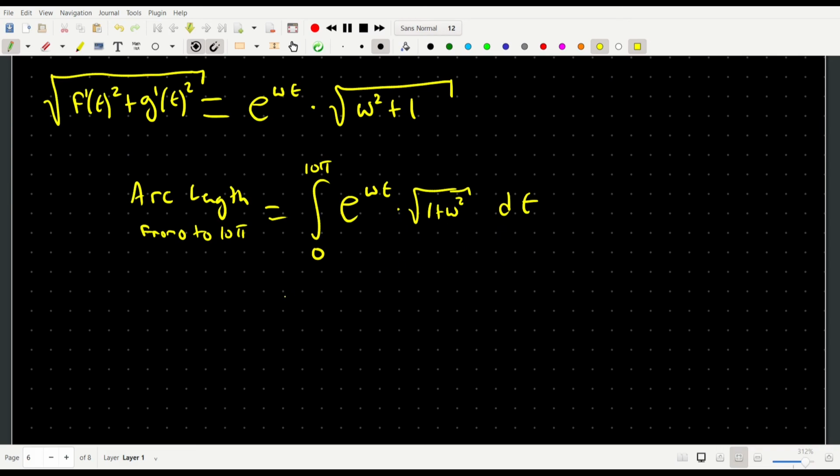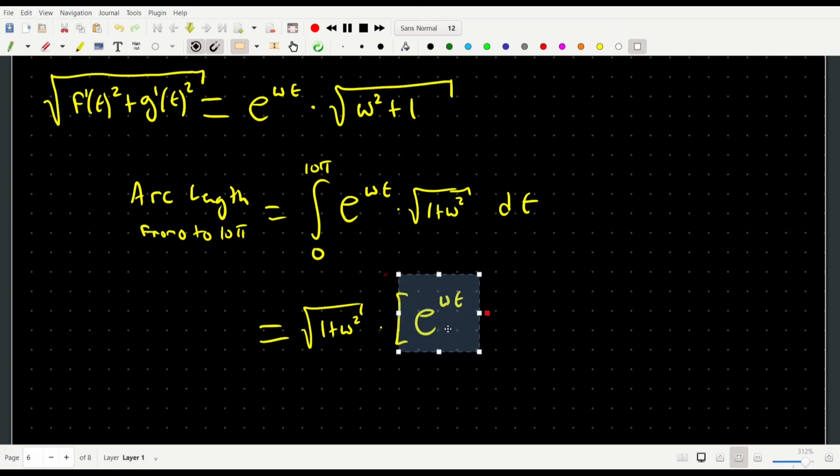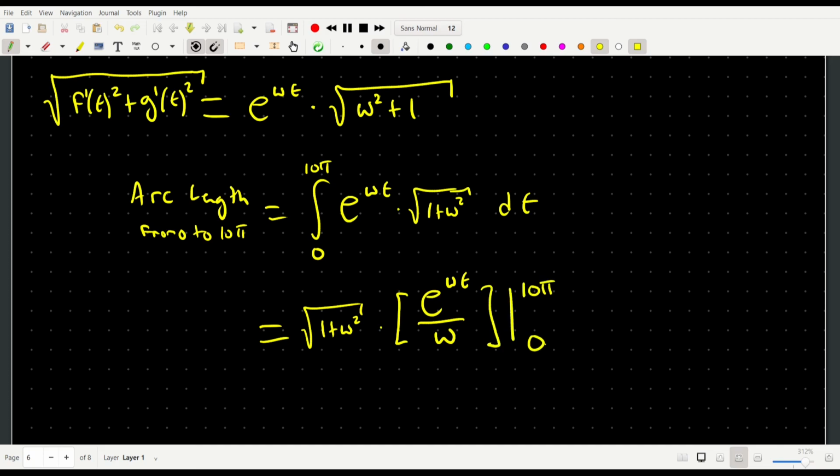And this is going to be equal to the square root of 1 plus omega squared, which is constant with respect to t, times the antiderivative of e to the omega t, which is e to the omega t over omega, evaluated from 0 to 10 pi.